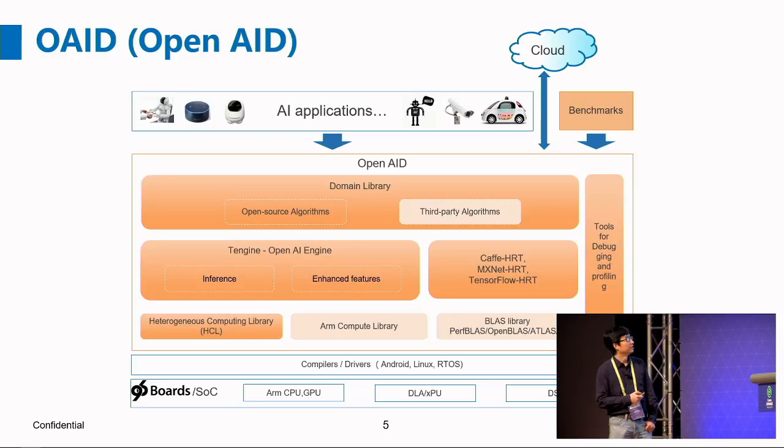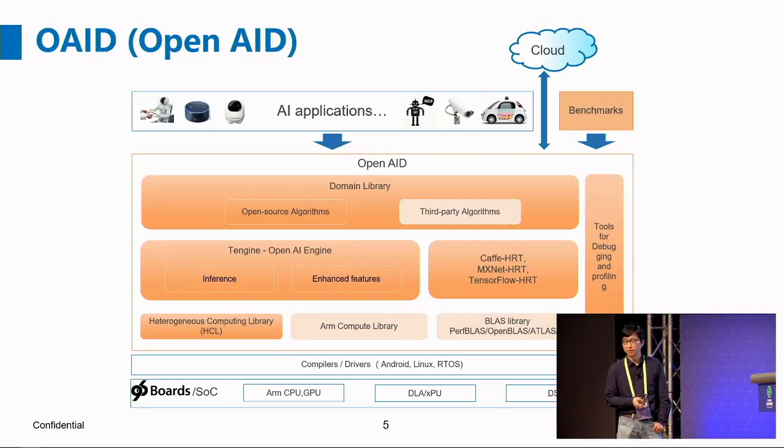So for the above that, for the applications, if you are application user, you can call the domain library API. You don't need to know what's the deep learning framework you are using. Domain API is like, for example, you don't need to care about what algorithm. You just need to call, for example, face detection API.